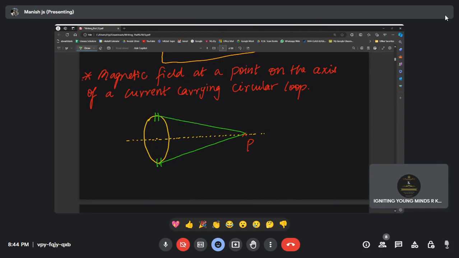When you join it like this, you can see that it is going to make angles, and those angles are also going to be equal. Say the angle is phi. I'm taking it as phi because theta we already took.